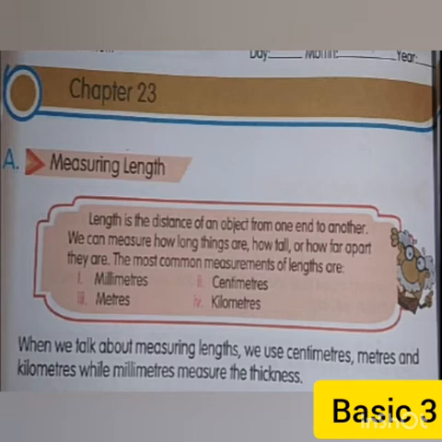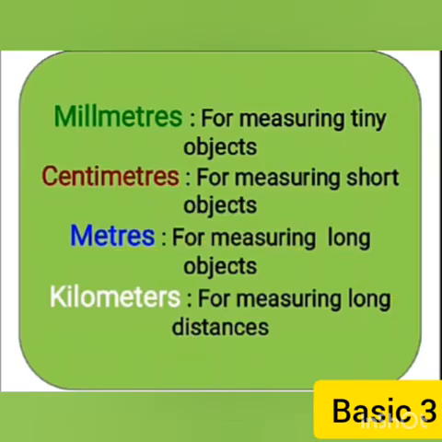Look into that write-up. You'll notice that the most common units used for measuring length are millimeters, centimeters, meters, and kilometers. Still on page 249, it is summarized that millimeters are used for measuring tiny objects, centimeters for short objects, meters for long objects, and kilometers for long distances.